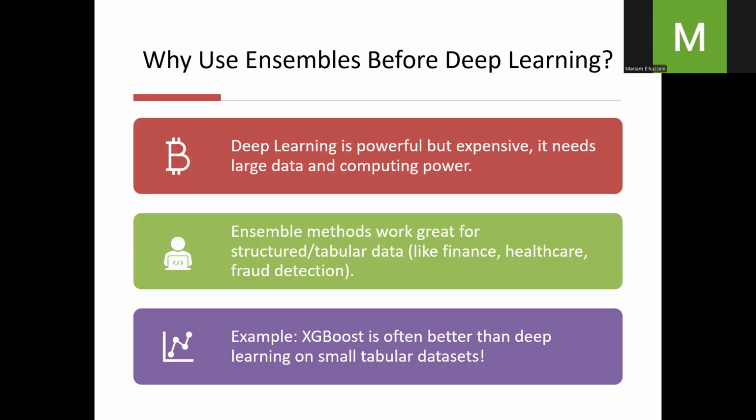Ensemble methods would work on highly structured data like tabular data for finance, healthcare, and fraud detection, which is already defined in terms of an attributes and instances format. So ensembles are definitely a good option. Generally speaking, XGBoost is known to perform better than deep learning if you have a smaller tabular data set.